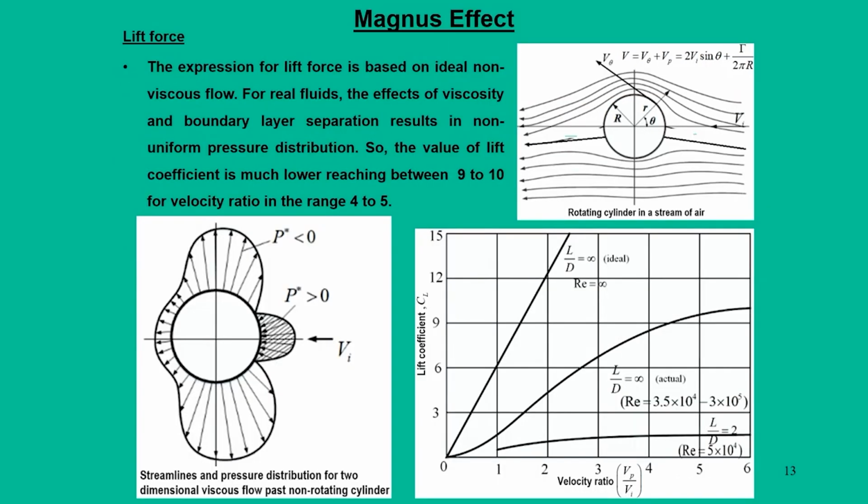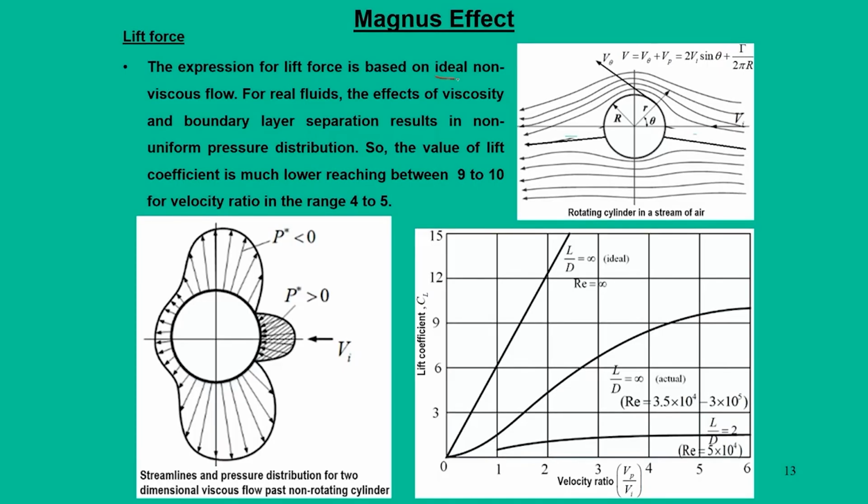Now, moving further, what we have done so far is an idealistic theory, called ideal non-viscous flow, for which we find the lift force, and the lift coefficient is defined by 2 pi into Vp by Vi. If Vp is equal to Vi, CL becomes a fixed number.